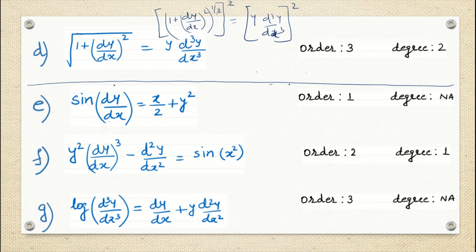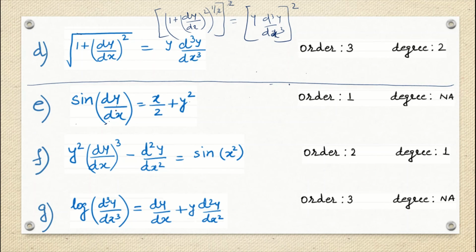But to find the degree, all derivatives should be independently present. This dy by dx is not independently present. This is the derivative, that is okay. Functions are also there. So this is an example of a differential equation, that is 100% okay.